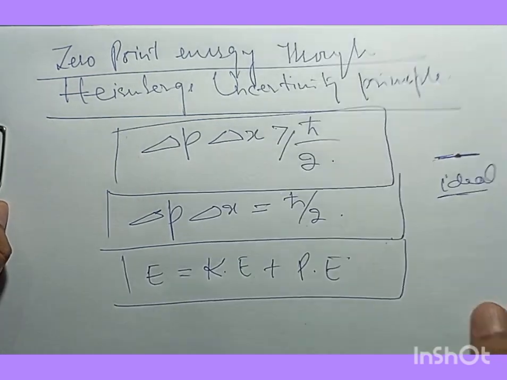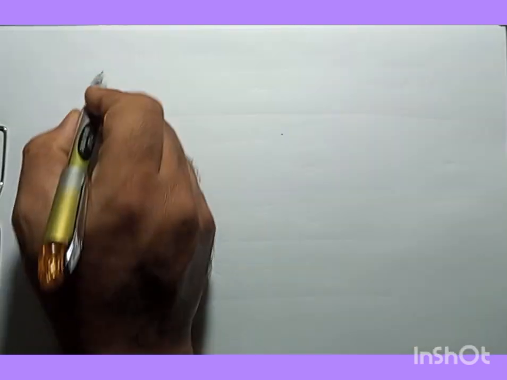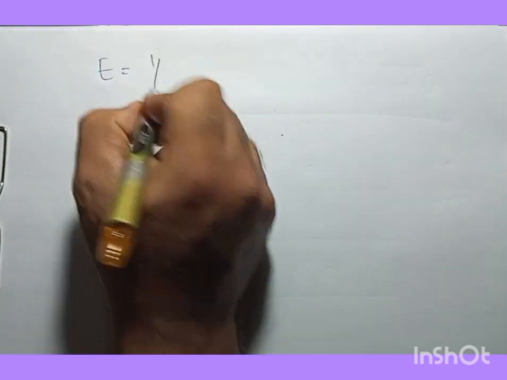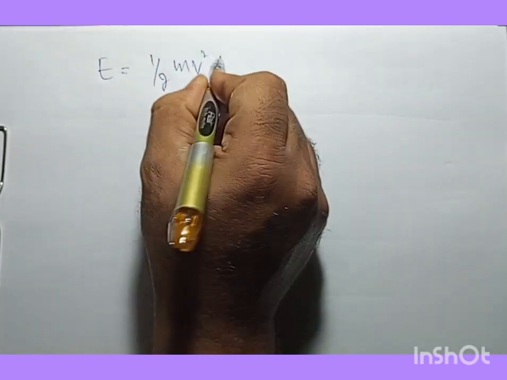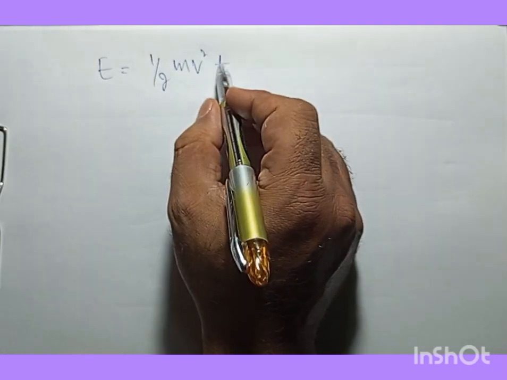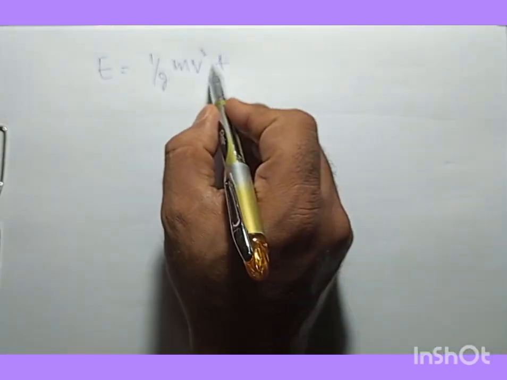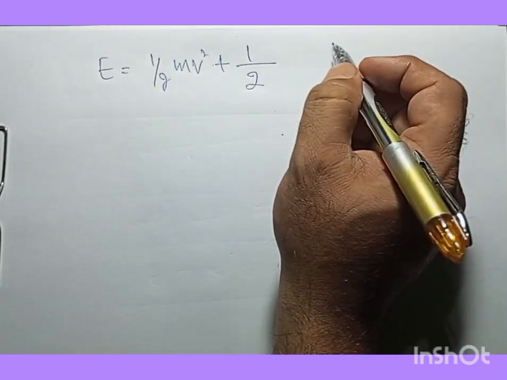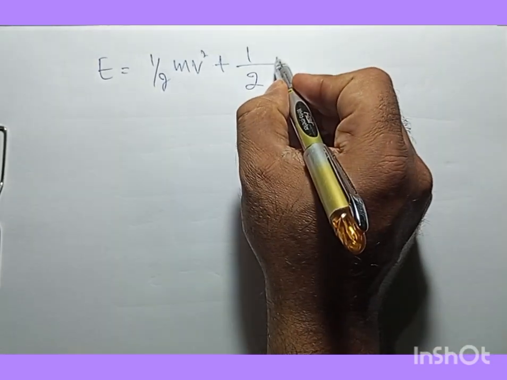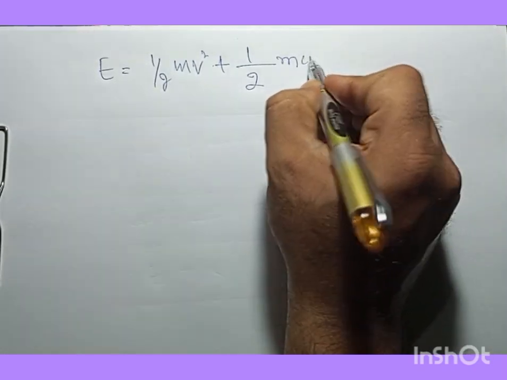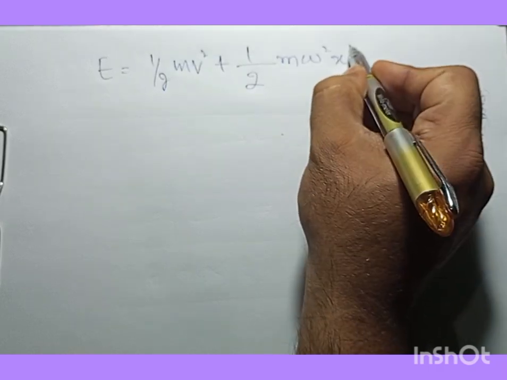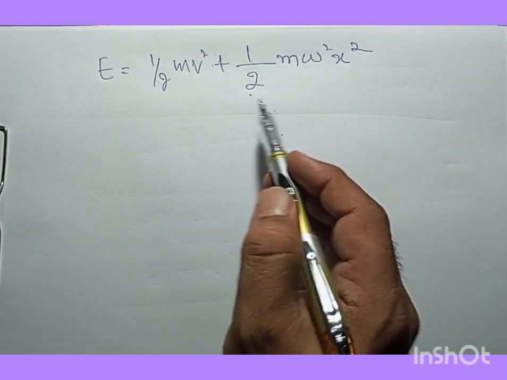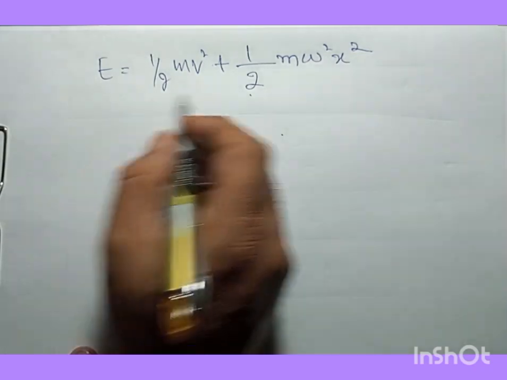Moving from here, we can write this energy E as 1/2 m v squared plus the potential energy of the harmonic oscillator, 1/2 k x squared, which we understand is 1/2 m omega squared x squared. So this is the potential energy of this particle, and this is the kinetic energy of this particle.